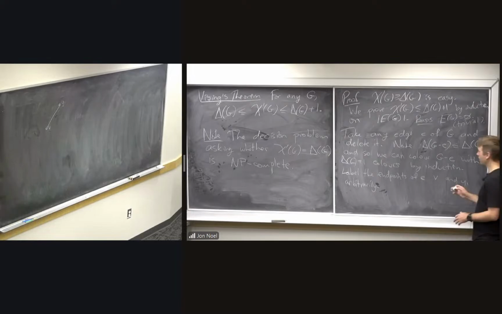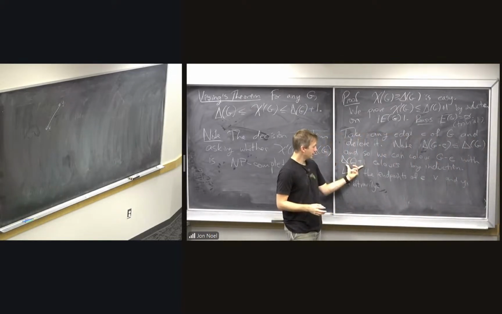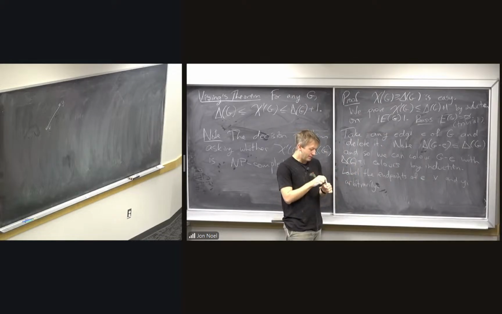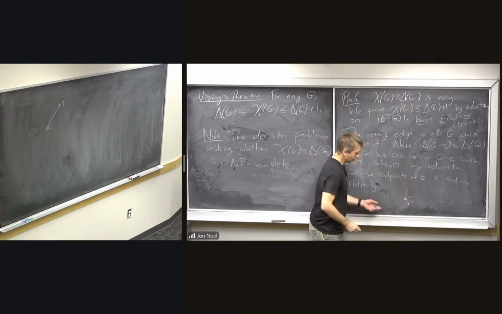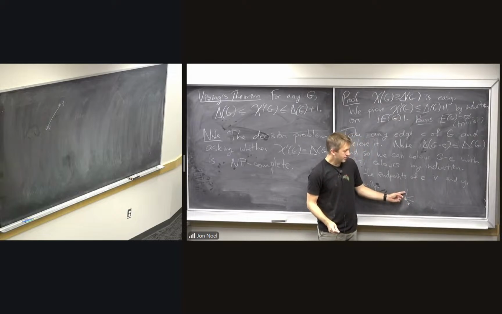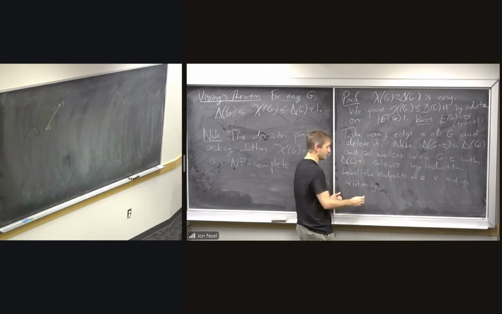The total number of colors is the maximum degree plus 1. So at every vertex, let's say vertex U, and the edges coming out of it, there's always some color that isn't on the edges coming out of U, because there's delta plus 1 colors in total.